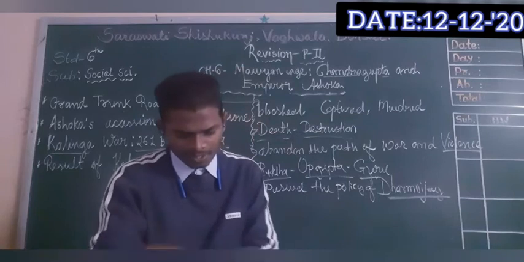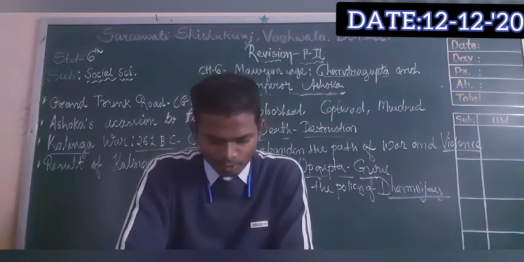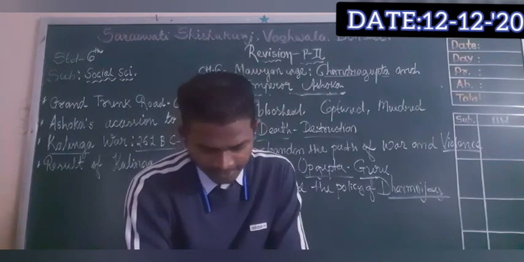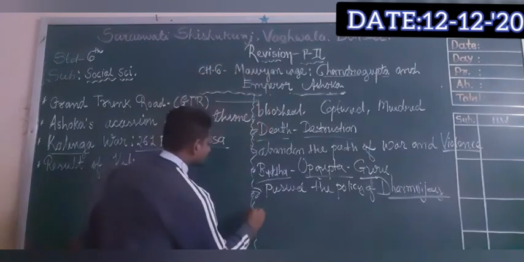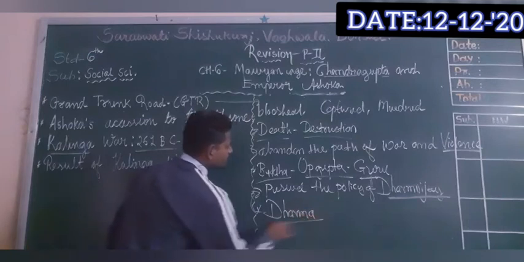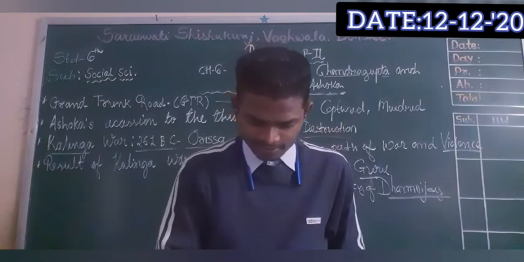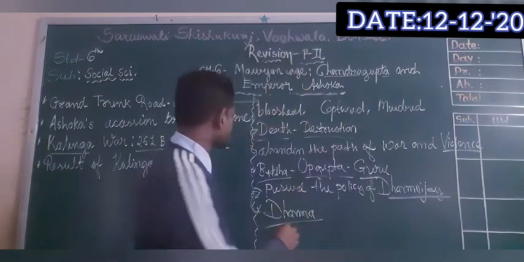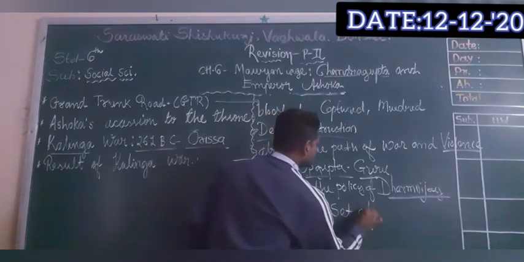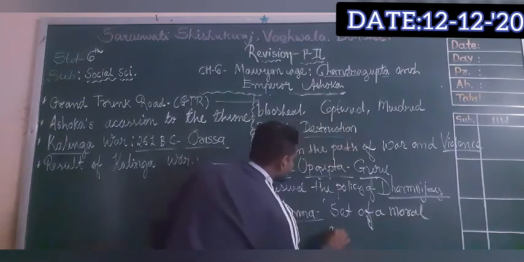So Ashoka's dharma, which is the Pali form of the Sanskrit word dharma, was a set of moral principles. So dhamma, okay, Ashoka's dhamma. What is this? It is King Ashoka's set of moral principles.